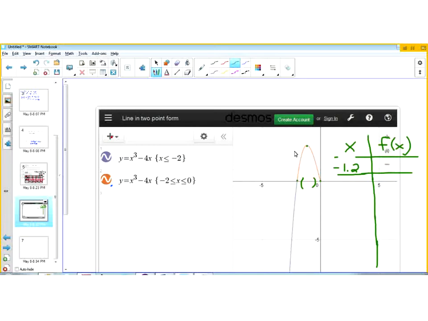So let's say -1.2. Let me go further out than that, just for safety's sake. Say -1.4.